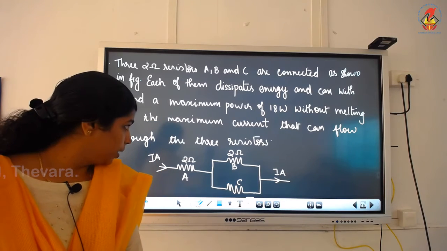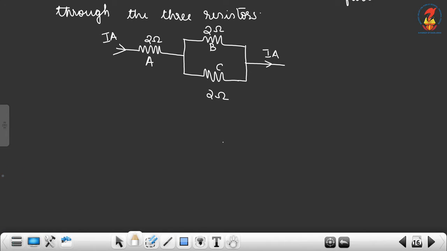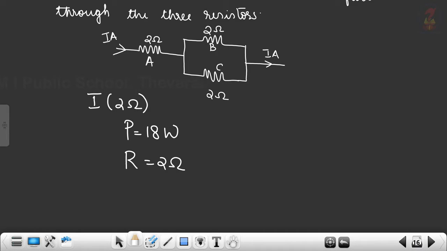Now, how to do this one? Let I be the current flowing through the 2 ohm resistor. The power is given as 18 watt and the resistance is 2 ohm.